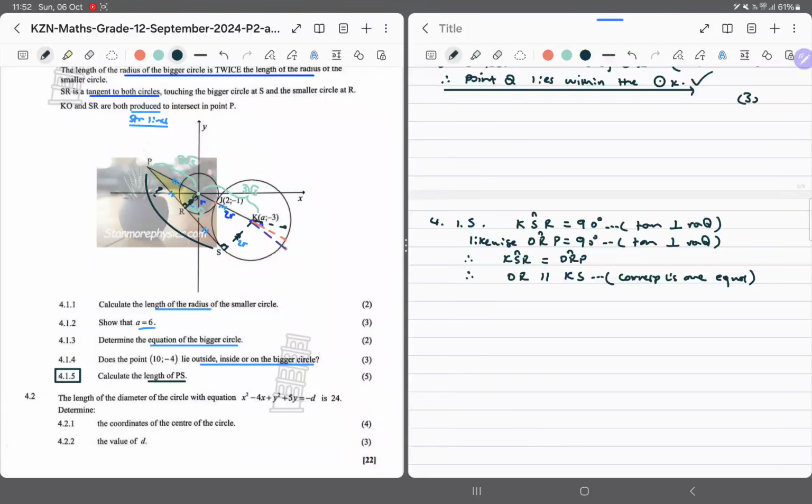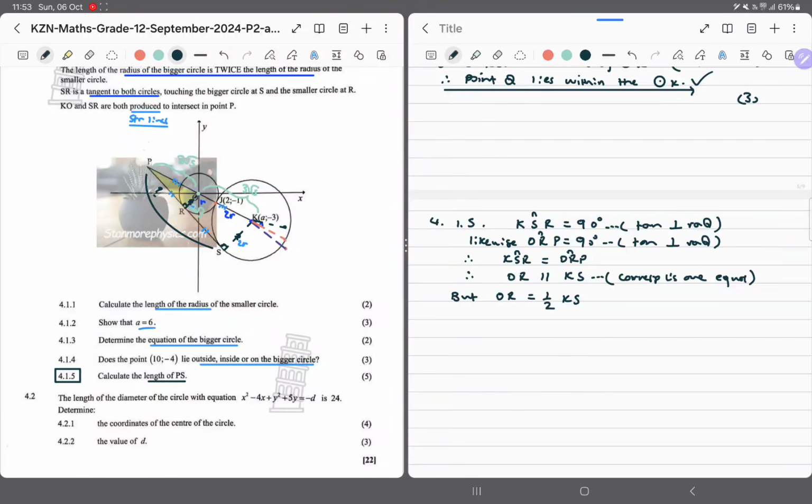Great. That is our first part of our argument. Now we've set up the parallelism, because as much as we discovered it, we now need to show that we have discovered it and how we did it. But now we'll notice something. We will say, but we know that OR is equal to half of KS.